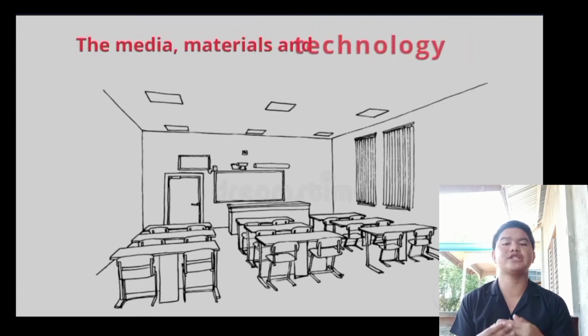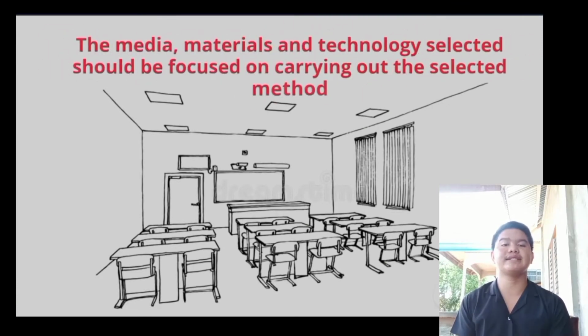The media, materials, and technology selected should be focused on carrying out the selected method. Next, prepare the room, the necessary equipment, and facilities. It may be obvious, but both the learners and teacher should be prepared for the learning experience.